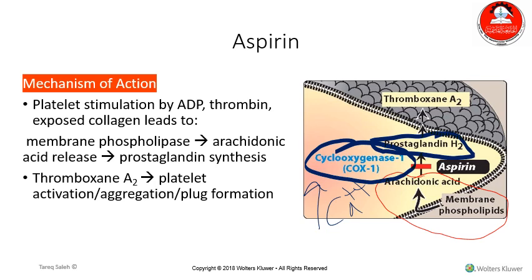So the cyclooxygenase pathway plays an important role in prostaglandin synthesis and the activation of platelets during platelet activation and aggregation. Prostaglandin H2 is then converted to a variety of prostaglandins, but more importantly, it is converted into thromboxane A2, which we've discussed before, plays an important role in platelet activation and aggregation.